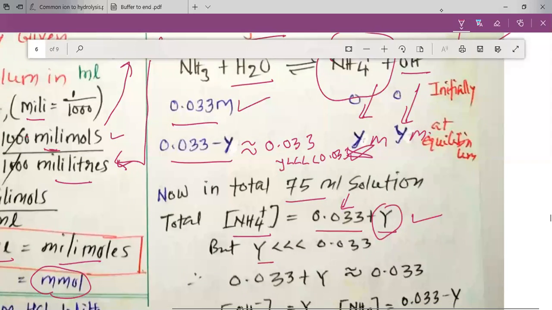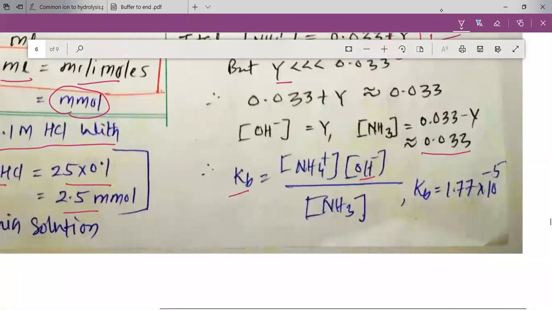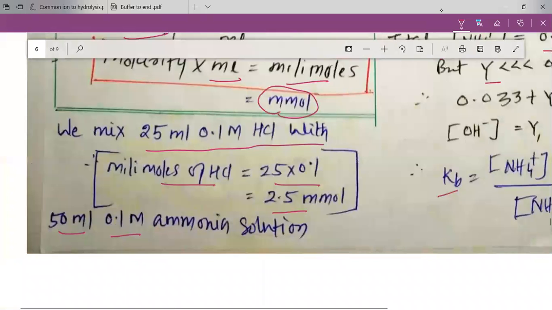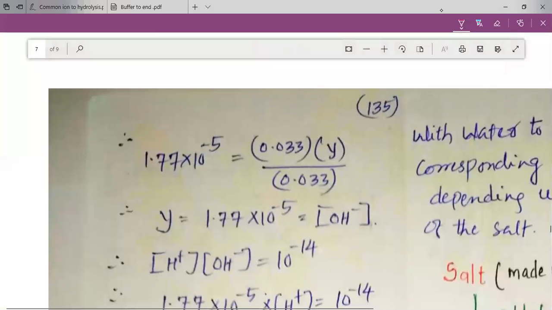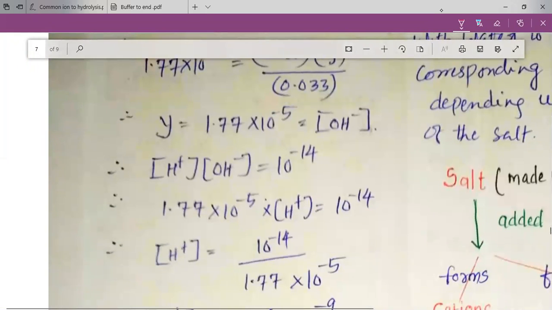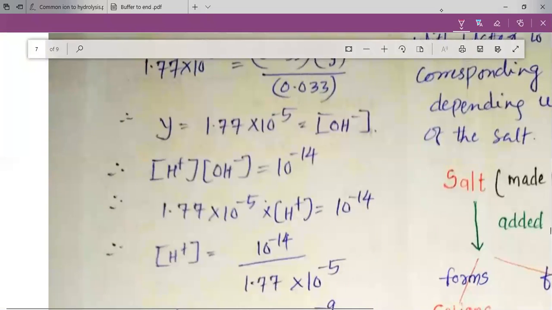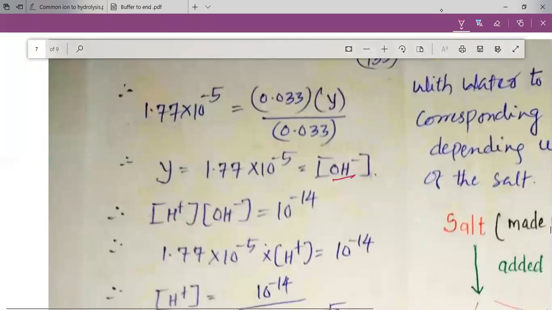So my dear students, we can put all these values for the concentration of NH4 plus, OH minus and NH3. Finally we get Kb is equal to 0.33 multiplied by Y divided by 0.33. Thus Y is equal to 1.77. The value of Kb is 1.77 into 10 to the power minus 5, which gives us the concentration of OH minus.